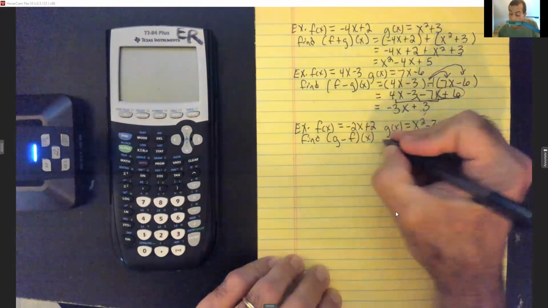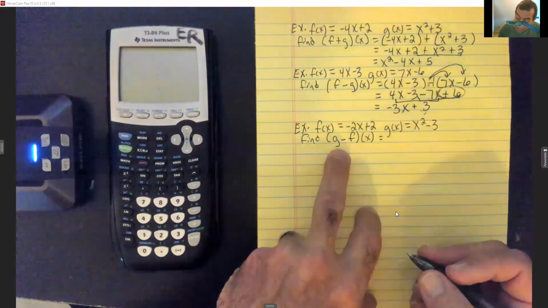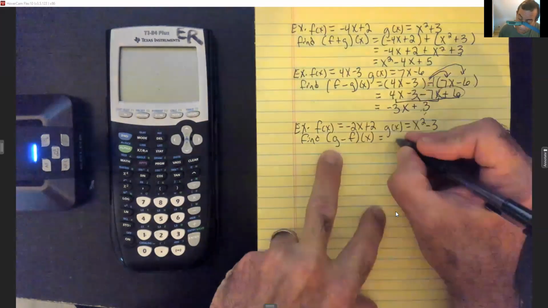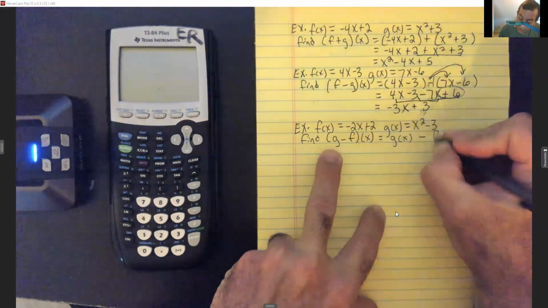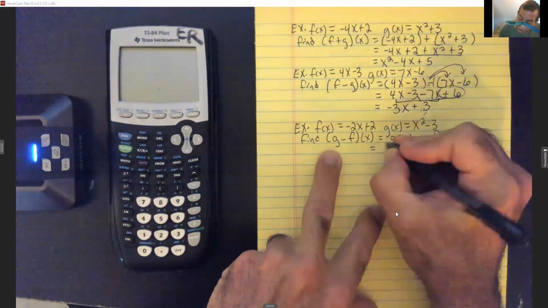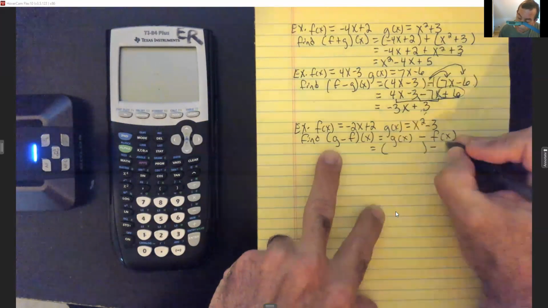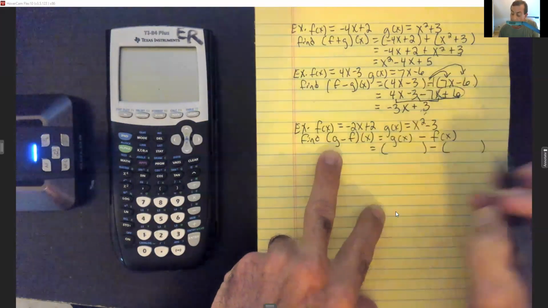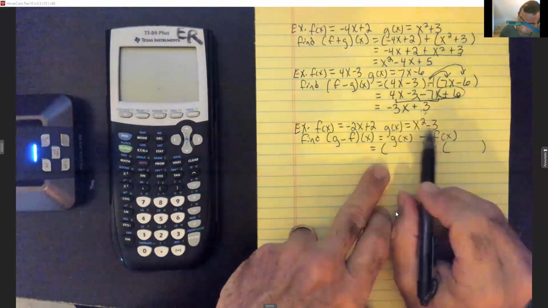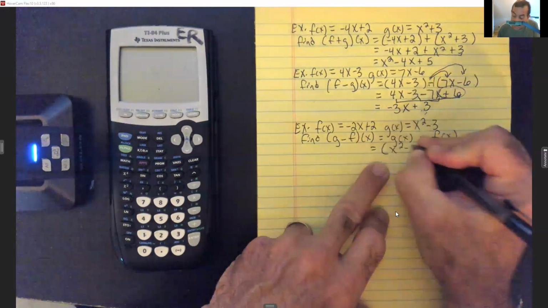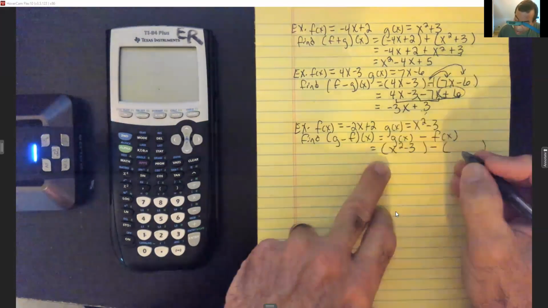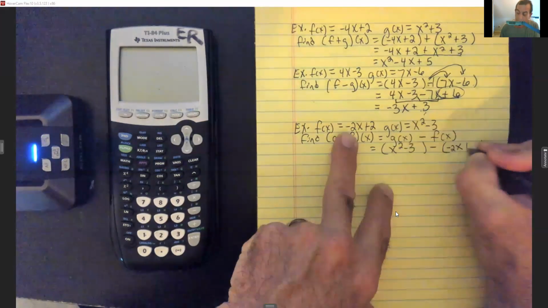So I will write this one out because g minus f of x means g of x minus f of x. So that's going to be my g minus my f. My g is x squared minus 3. My f is the negative 2x plus 2.